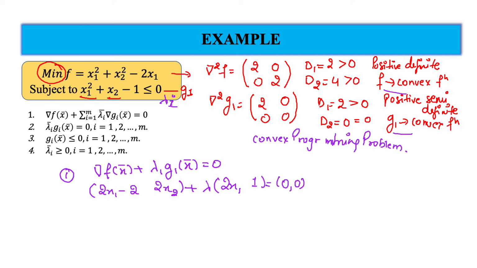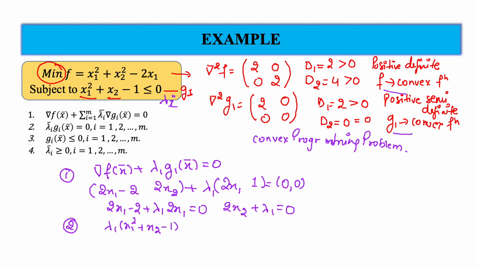So that gives two conditions. One with respect to the first element: 2x1 minus 2 plus lambda 1 times 2x1 equals 0, and next, 2x2 plus lambda 1 equals 0. Similarly from the second we get lambda 1 times (x1 square plus x2 minus 1) equals 0.